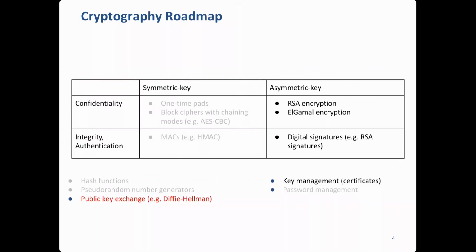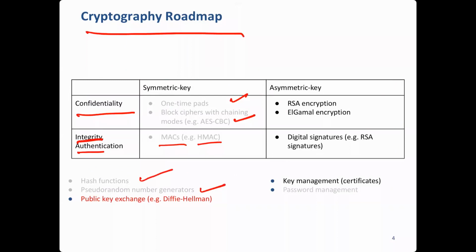Okay, so we are in the cryptographic roadmap. We have already covered the symmetric key part: one-time pad, various ciphers, AES, DES, modes of operation. That was around confidentiality. Then for integrity and authentication, we have studied MAC, especially HMAC. We have also studied hash functions, pseudo random number generators, and password management.